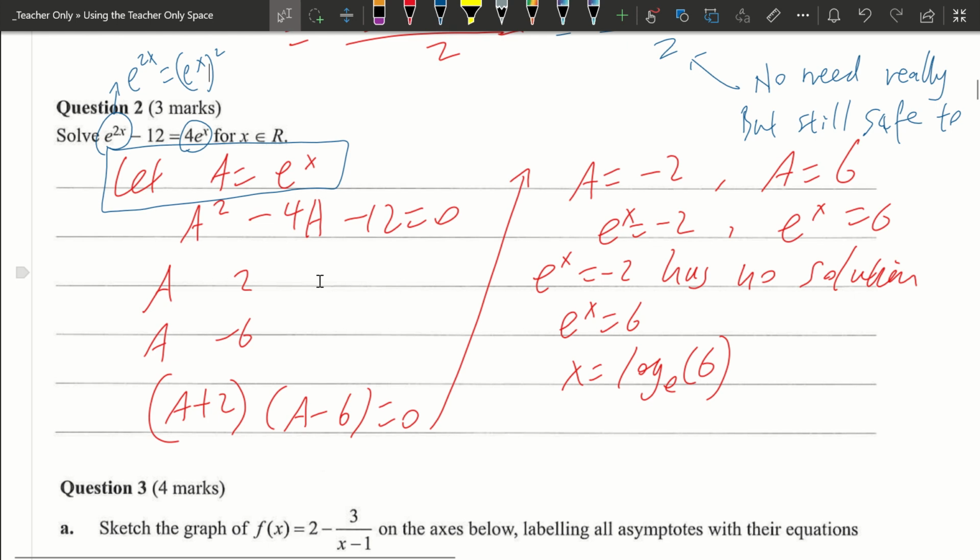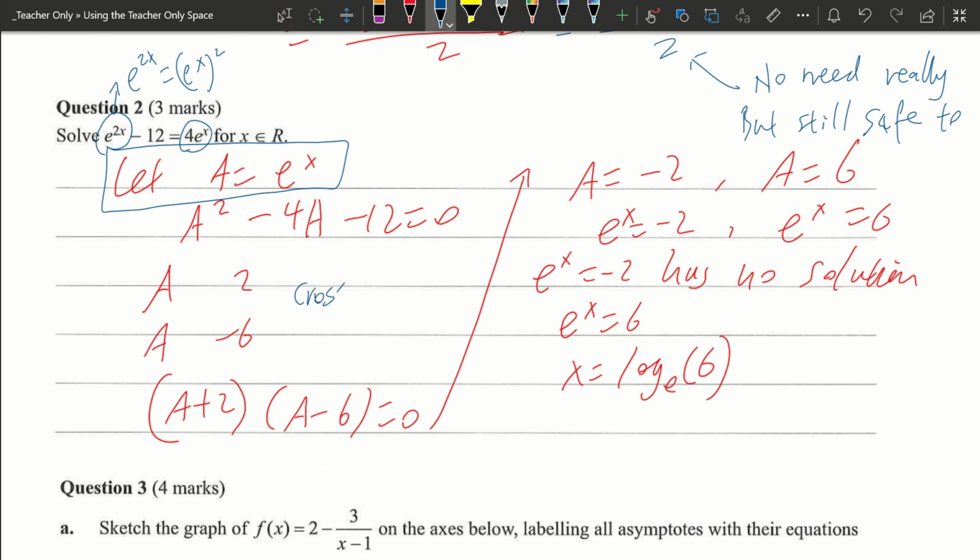So what we get is you sub a in here into this bracket, so you get a squared, and then I'm moving 4e to the power of x to the left, so minus 4a, a is e to the power of x. Keep the minus 12 equals 0, and then all I'm doing is solving a quadratic equation.